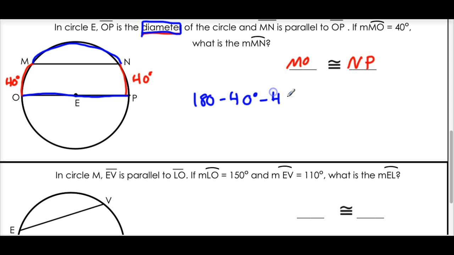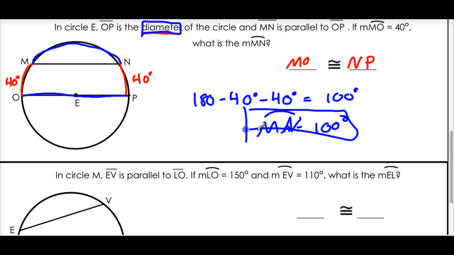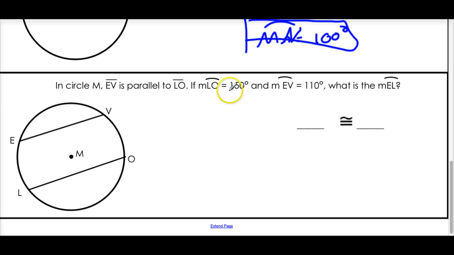Minus 40, minus 40, and that gives me 100 degrees. So arc MN is 100 degrees up in here. And that makes sense, right? 40 plus 100 plus 40 is 180, and that's half my circle. Sweetness.